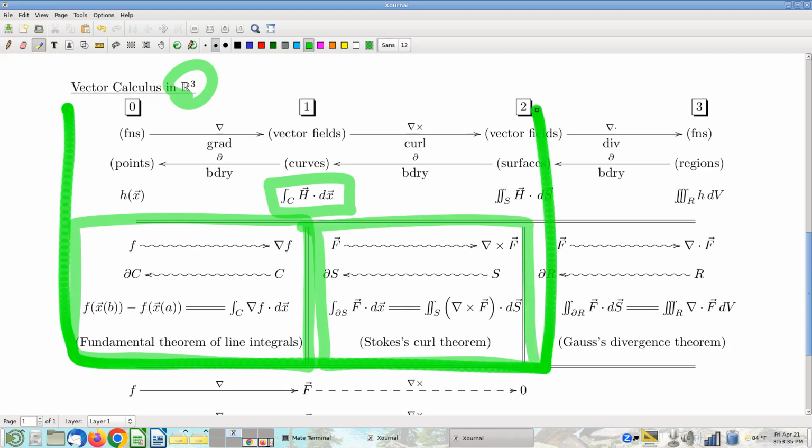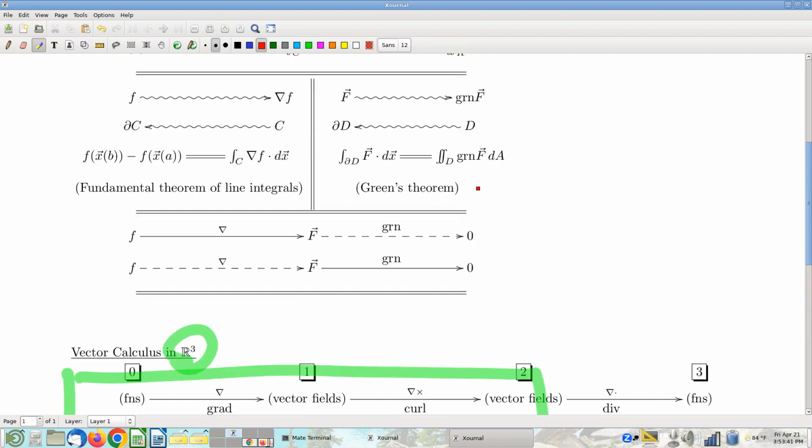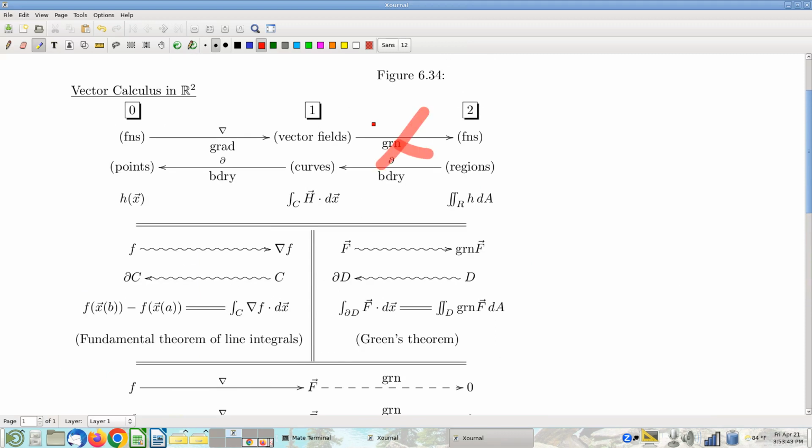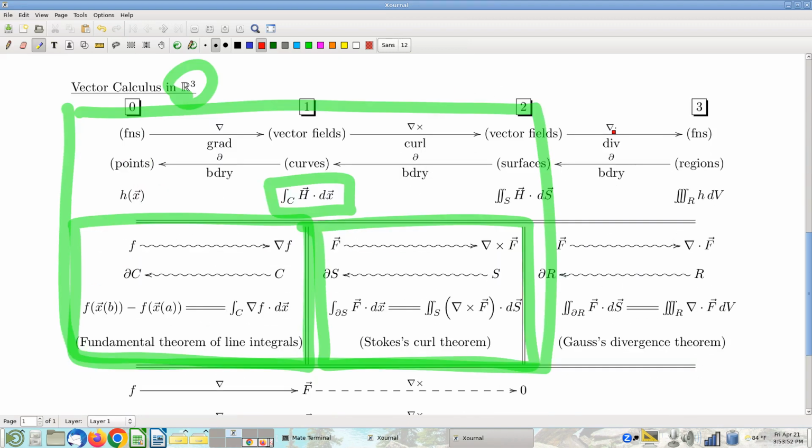Everything we're going to need should be in this portion of the diagram, and right away we know that Green's theorem is not going to come up. Right? Green's theorem. No, that's just not relevant. It's in the wrong dimension. Furthermore, divergence should not come up. There's no reason to talk about divergence.